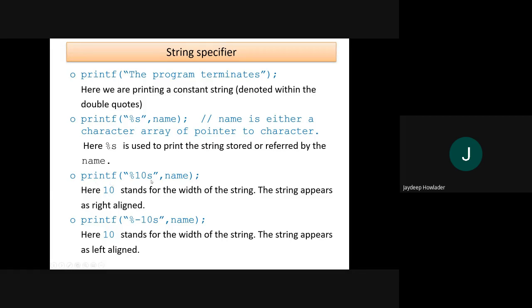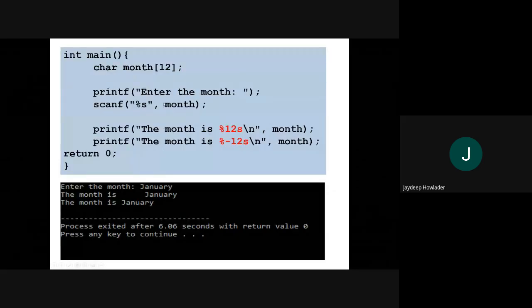The special delimitation says that there is a %10s. I'm just showing the output. In this case, I have reserved 12 positions for my string. Then I read a string, January. January has only 8 characters, but I have reserved 12 characters for my string.